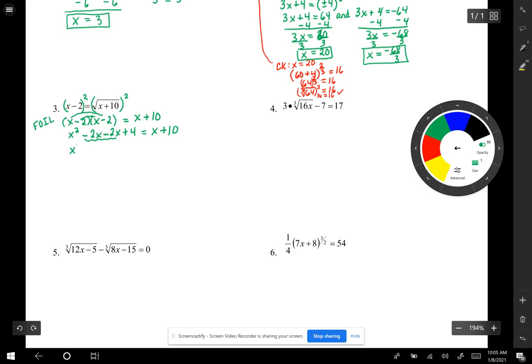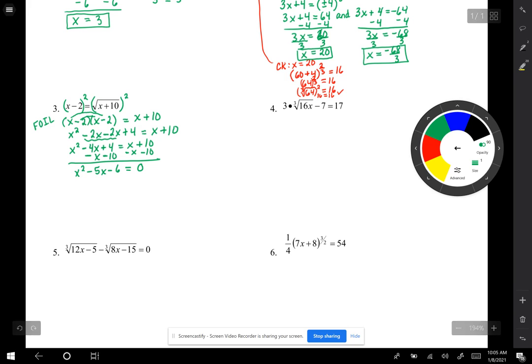So we have x squared minus 4x plus 4 equals x plus 10. Then we want to subtract x, line it underneath here, subtract 10, and line it underneath there. So we have x squared minus 5x minus 6 equals 0.